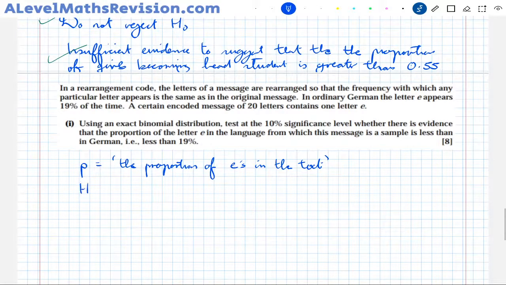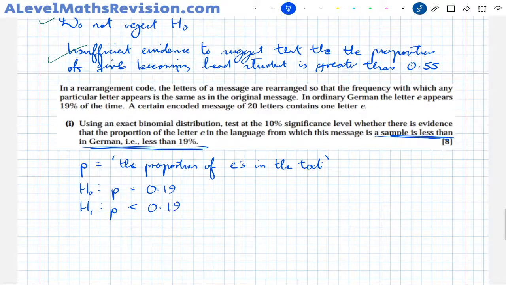And our null hypothesis is that E appears 19% of the time. Our alternate hypothesis, and it says here in the question less than 19%, P is less than 0.19.